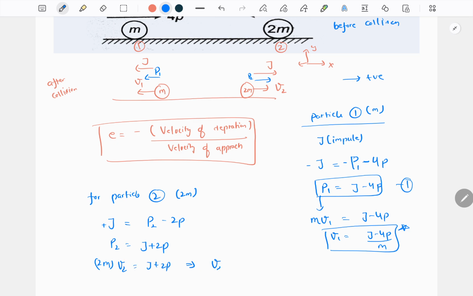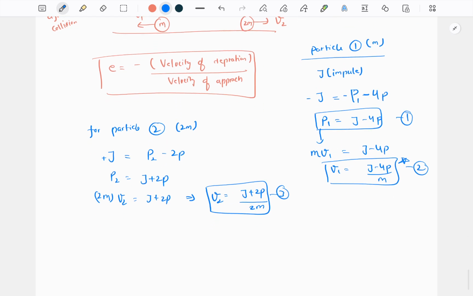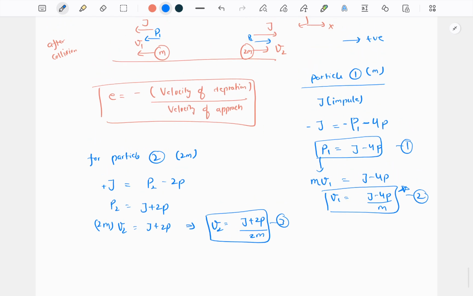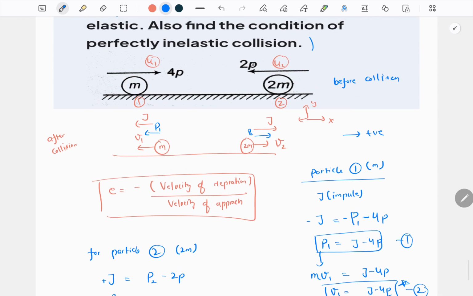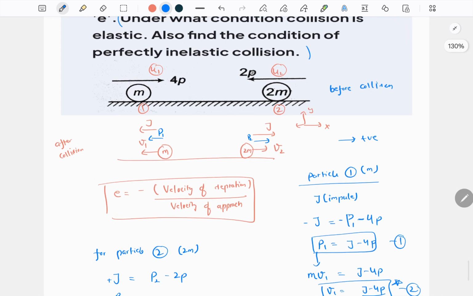So v2 will be equal to j plus 2p by 2m. I can name these equation 2 and equation 3. By now we are okay, because we have to find the coefficient of restitution, and this is the velocity of separation.